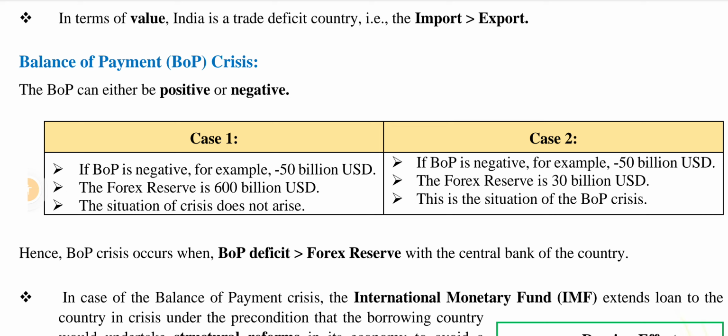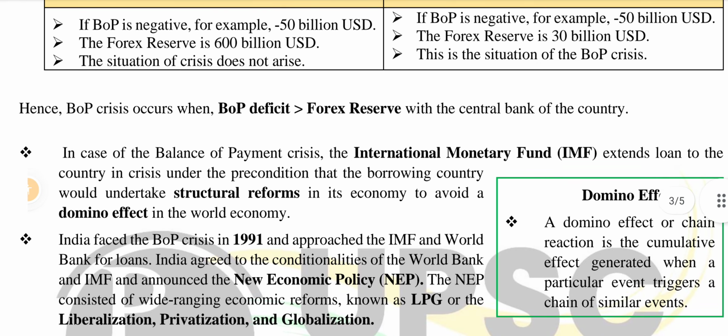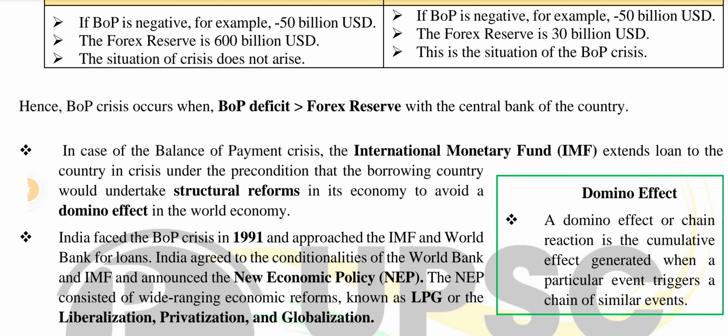Case 2: if BOP is negative, for example minus 50 billion US dollars, and the forex reserve is 30 billion US dollars, this situation is a balance of payment crisis. Hence, BOP crisis occurs when the BOP deficit is greater than the forex reserve with the central bank of the country.